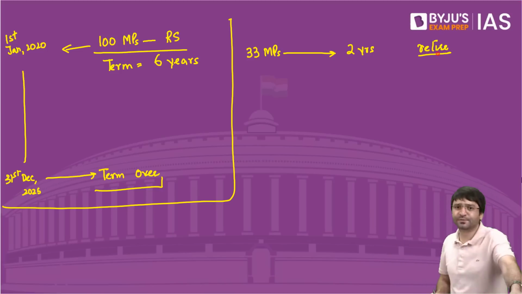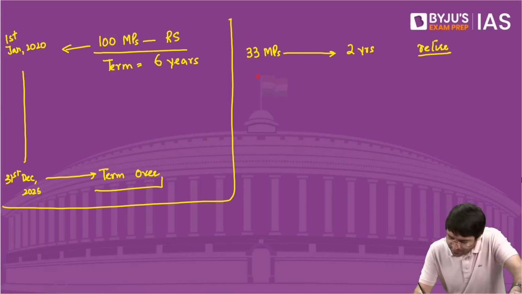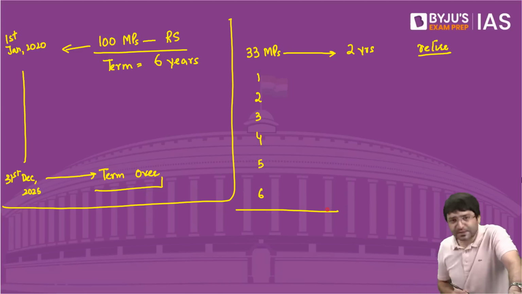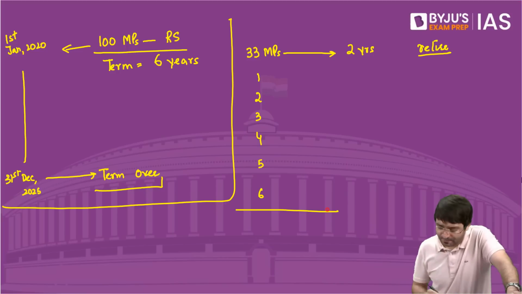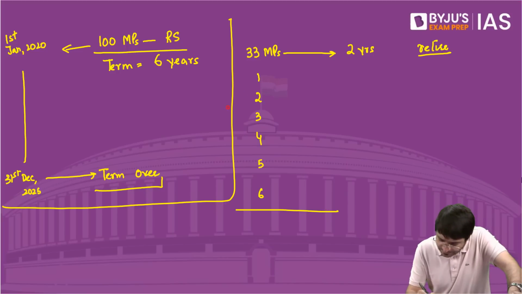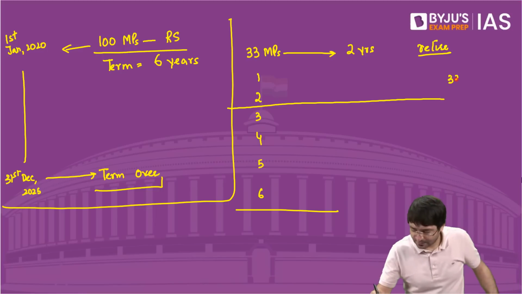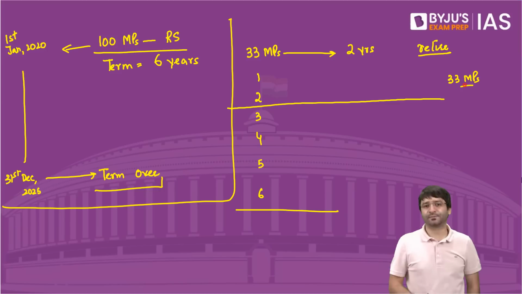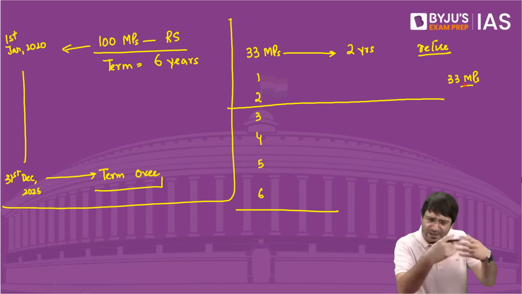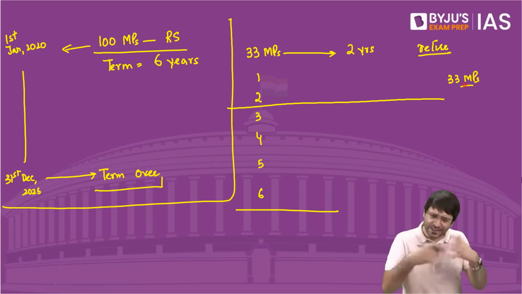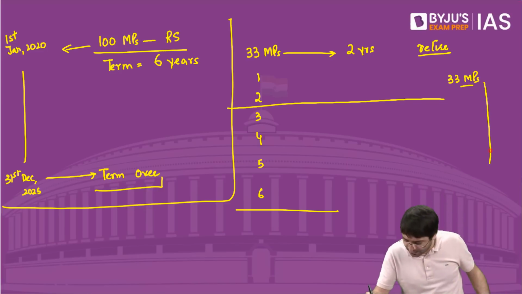Resign after 2 years. So that once you resign after 2 years, this is 1, 2, 3, 4, 5, 6. 6 years is the term of the Rajya Sabha MP. If these 33 MPs are made to resign after 2 years through draw of lots, we will tell them you contest election again. Now your term will be for 6 years.